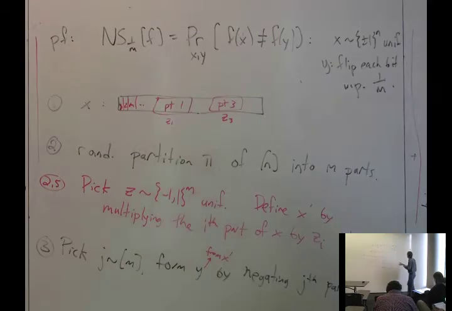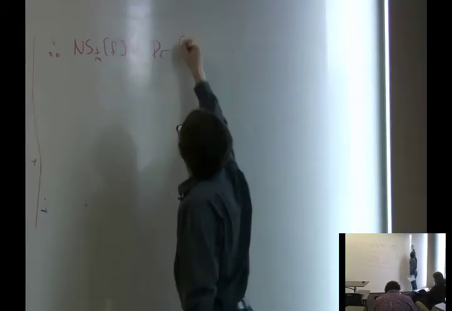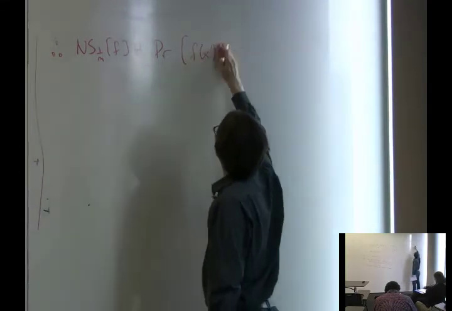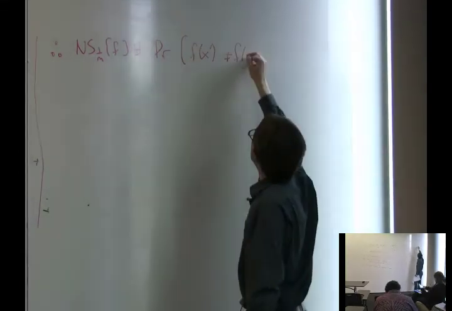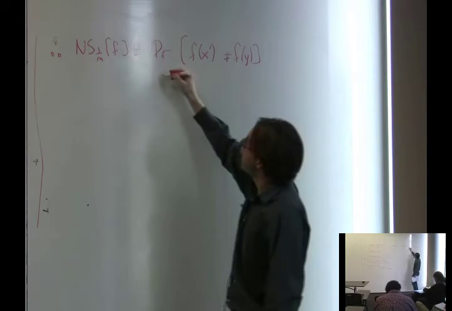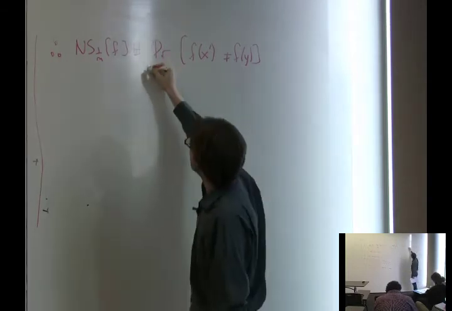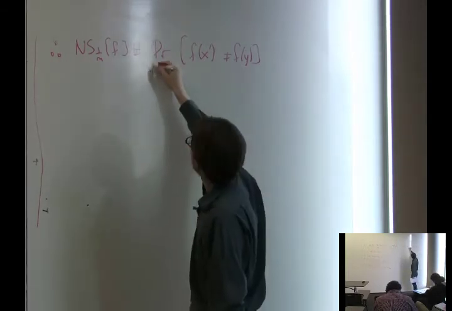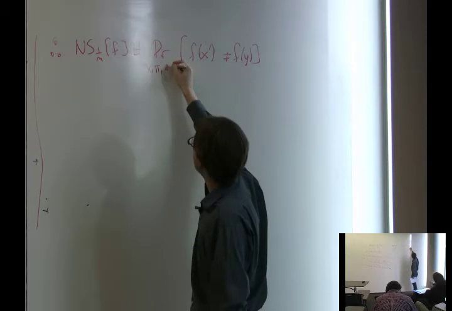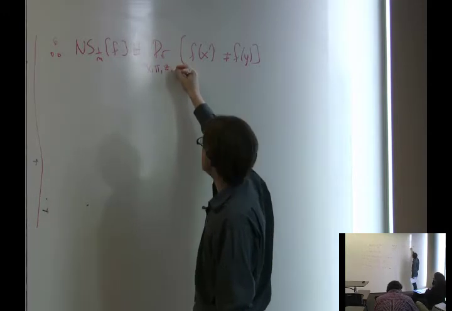So, okay, we may still say the noise sensitivity at 1 over m of f is equal to the probability that f of x prime differs from f of y. This probability is over this now somewhat crazy experiment of choosing x, pi, z, j.